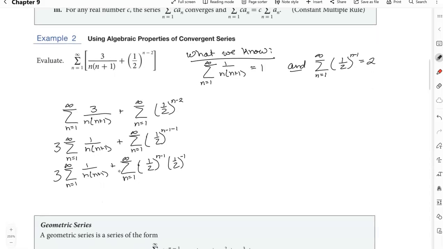Okay, so if I multiply and I have the same base, I would add the exponents together, and that's the same exponent that I started with. And I'm going to pull that 1/2 to the negative 1 out. We'll simplify it in just a minute. And that's going to leave me with the sum of 1/2 to the n minus 1.